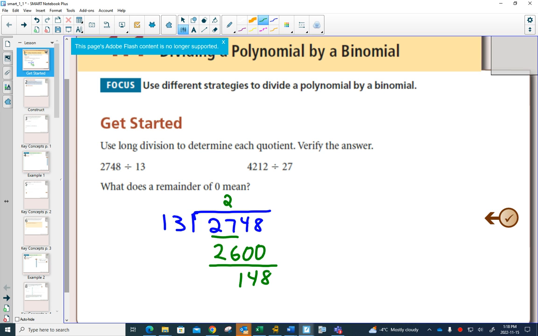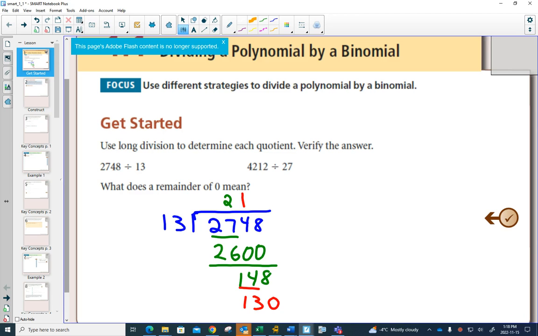So now we go, oh, there's 148 left. Again, are there any 13s in 1? No, but are there any 13s in 14? Yes, there's 1. And we put the 1 above the tens column because technically that 1 represents 10. Now 1 times 13 is 13, but if it was a 10, it'd be 130.